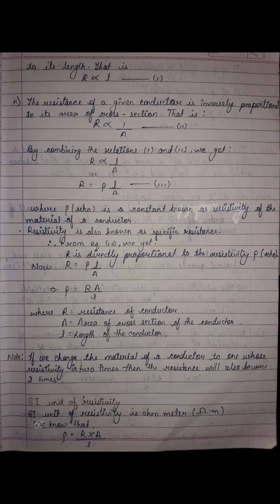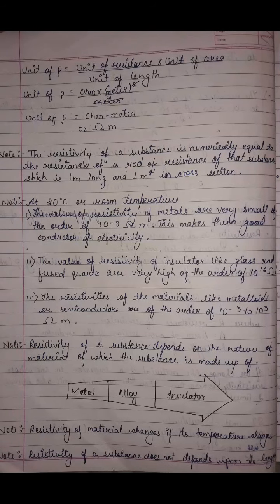Let us come to the SI unit of resistivity. The SI unit of resistivity is ohm meter. We know that rho equals R into A by L. Unit of rho equals unit of resistance into unit of area by unit of length. So ohm into meter whole square divided by meter, which becomes ohm meter.